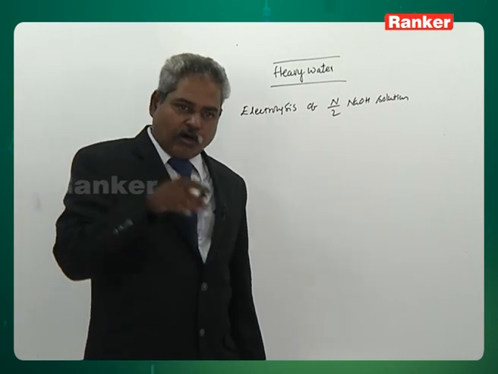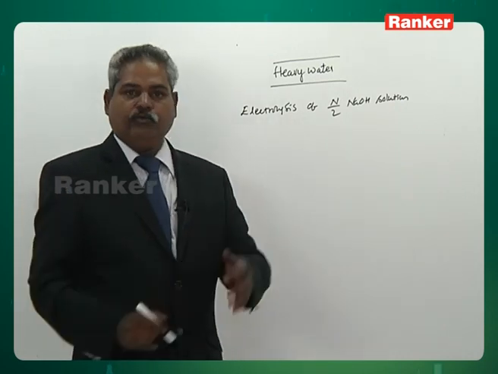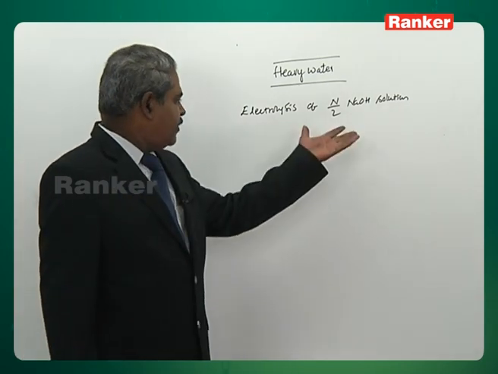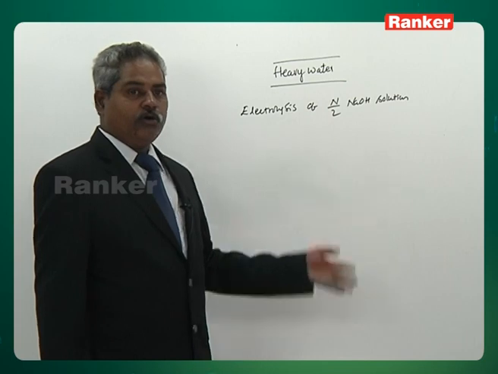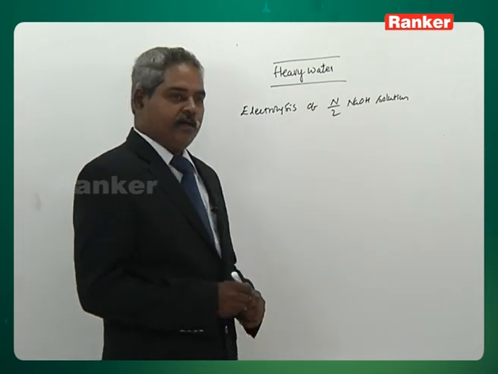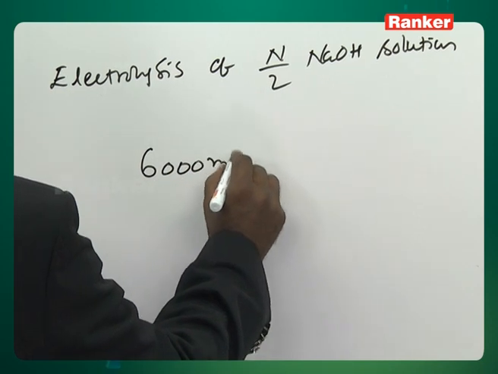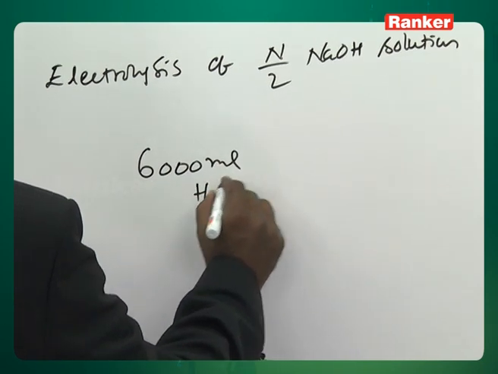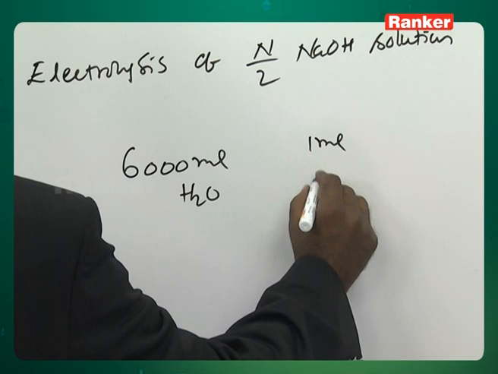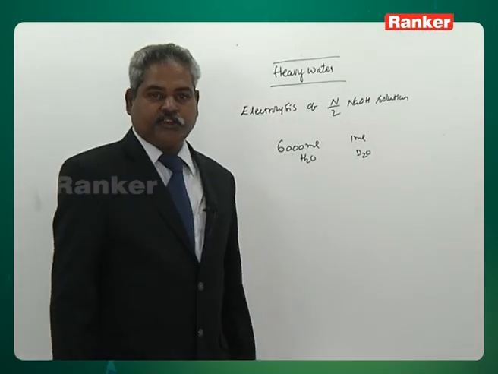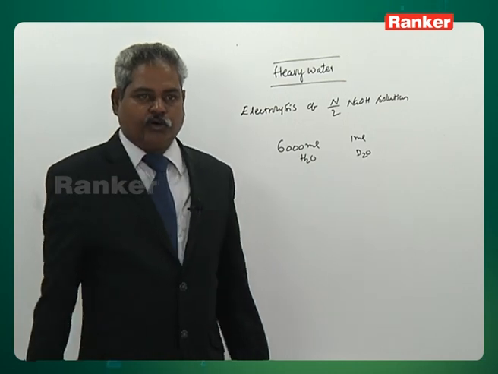D2O is present in all water bodies: rivers, seas, water tanks, everywhere, wherever H2O is present. But 6000 ml of H2O contains 1 ml D2O. So that is the ratio. In 6 liters you just have one drop.